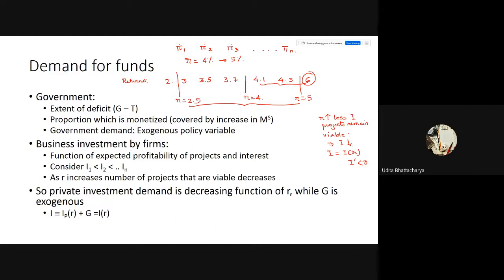So here G is the government spending. Actually, here I have written G, but this is not exactly G, meaning the amount which is not monetized. Suppose T is 0, then G will come here. It will actually be a part of G minus T.